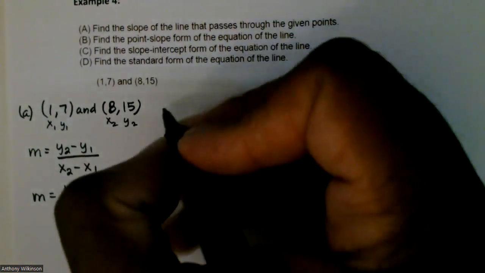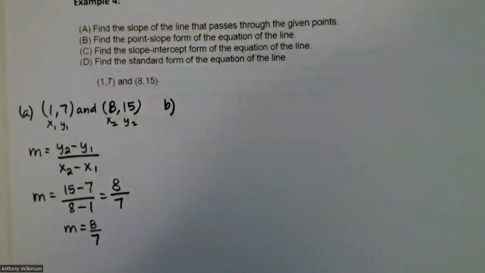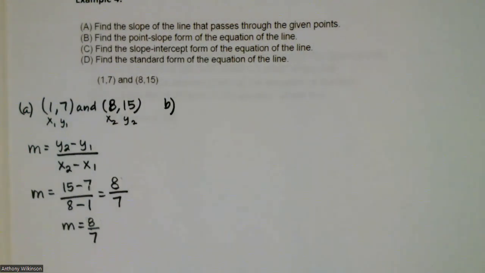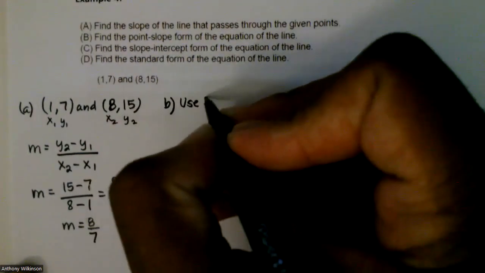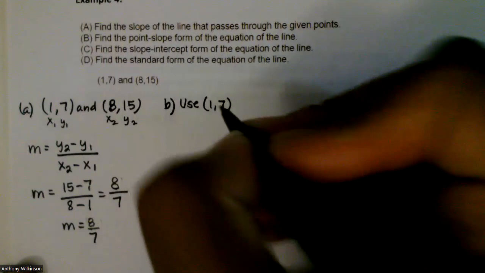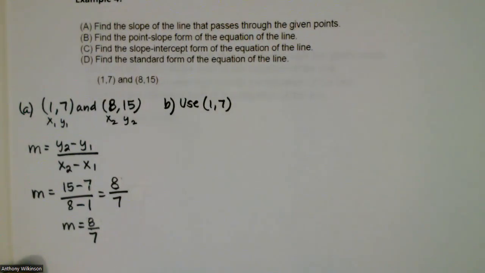Now, part B, they want the point slope form of the equation of the line passing through the given points. Now, in this case, I'm going to use the first ordered pair. It really doesn't matter which one you use, but I'm using (1, 7) as the ordered pair.